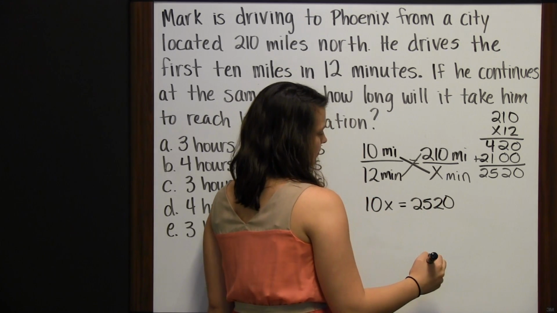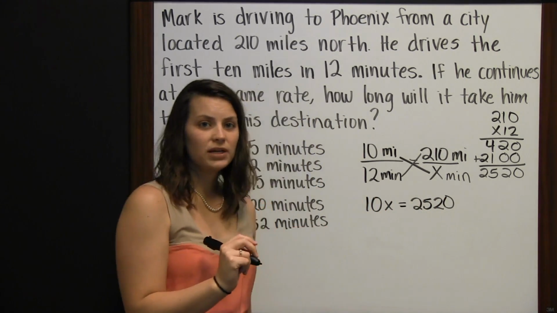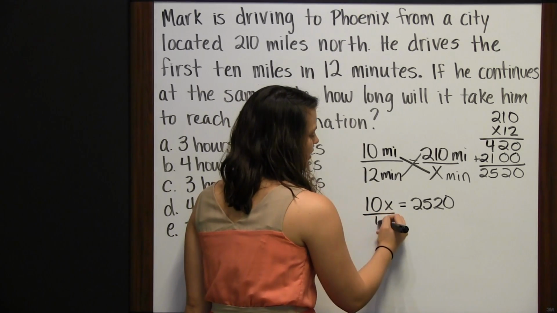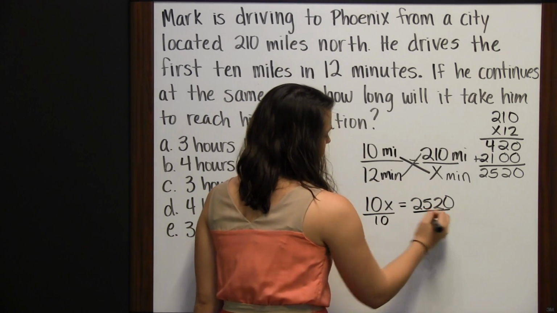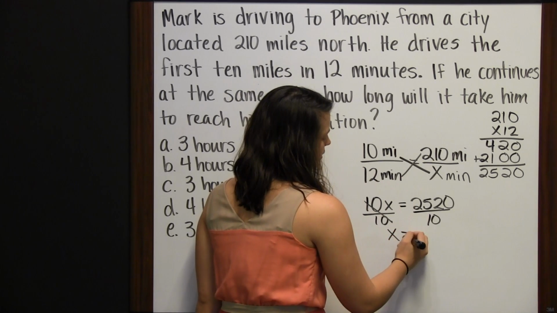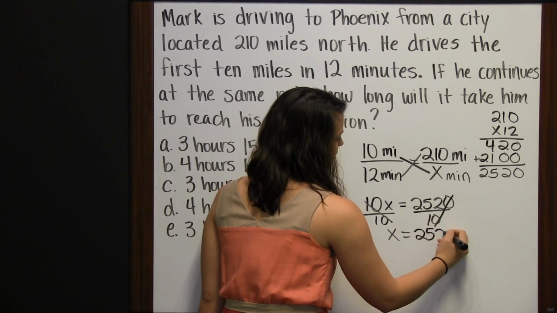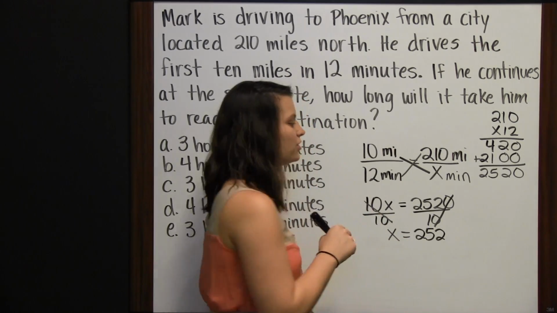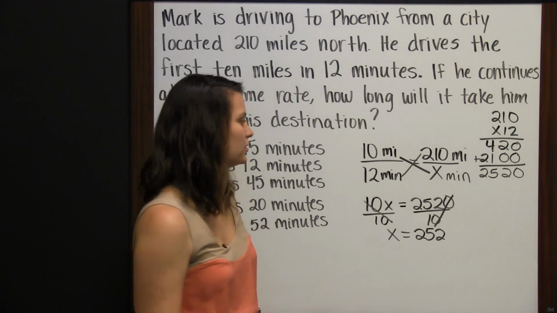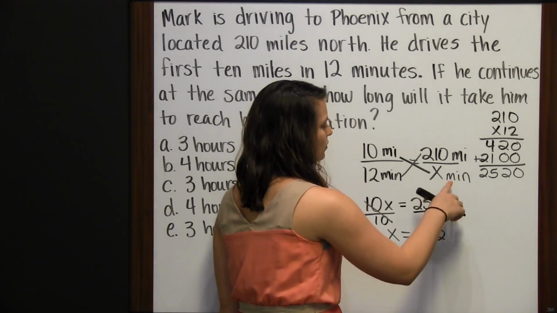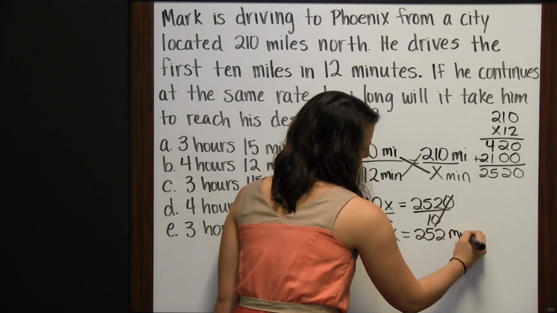2,520. And then to solve for x, we need to divide both sides by 10. So x equals, you can just cancel a 0 here, 252. 252 what? Well, 252 minutes.